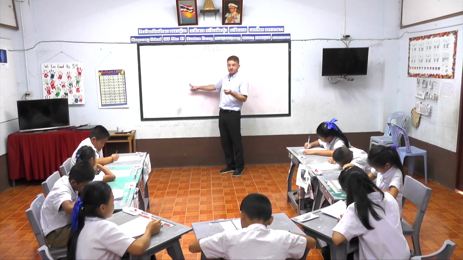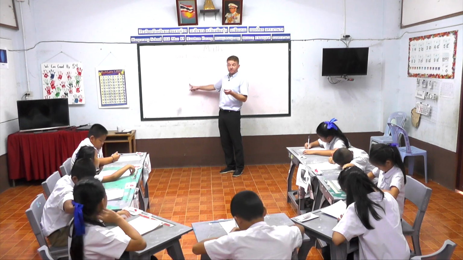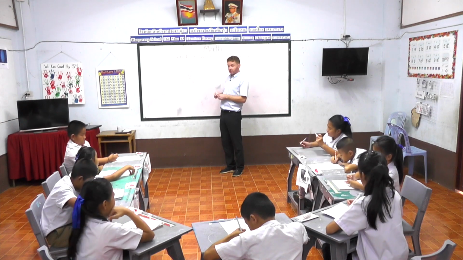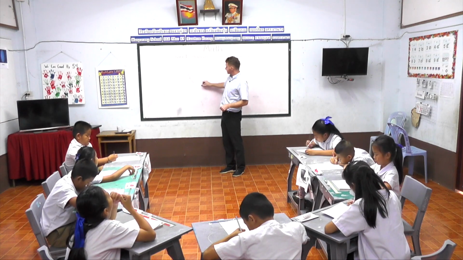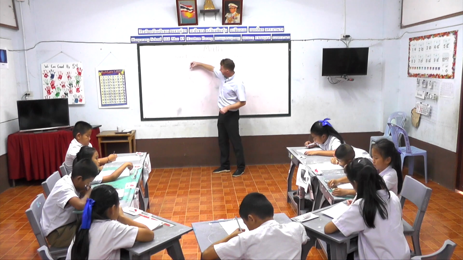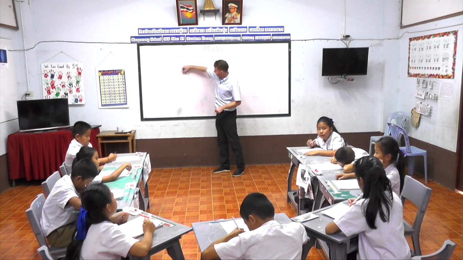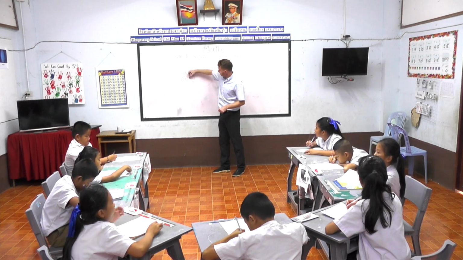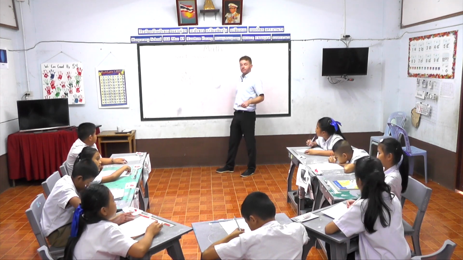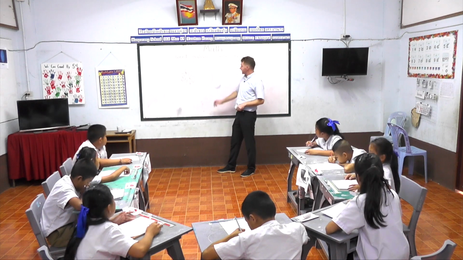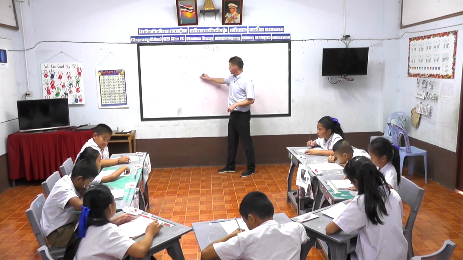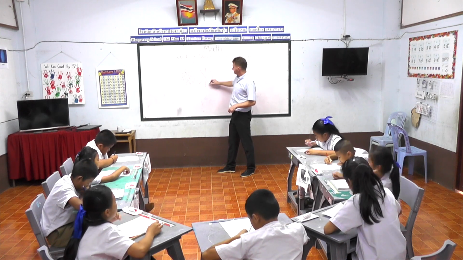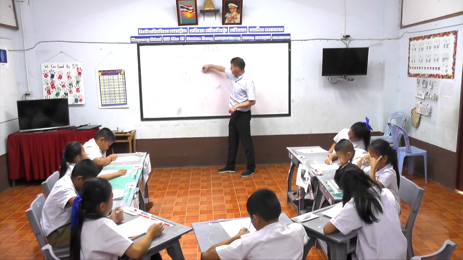What does that mean, guys? What do we need? We need another circle because we haven't got enough for 6/8. So we colour in 1, 2, 3, 4, 5. But we need one more part for 6. So our circle divides into 8, and we need one more part.